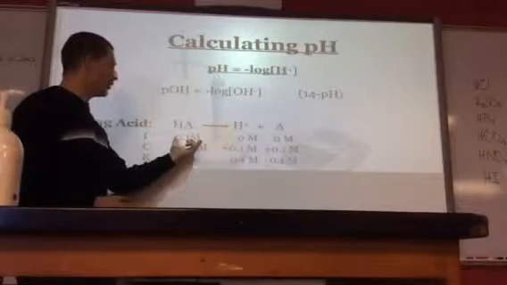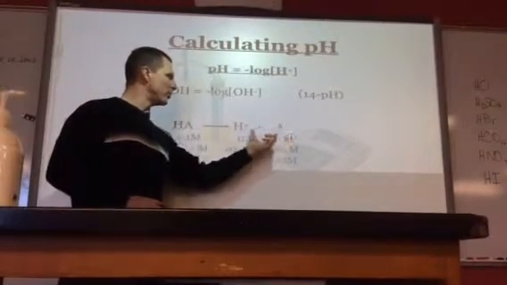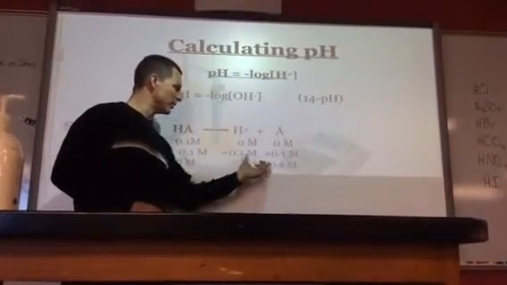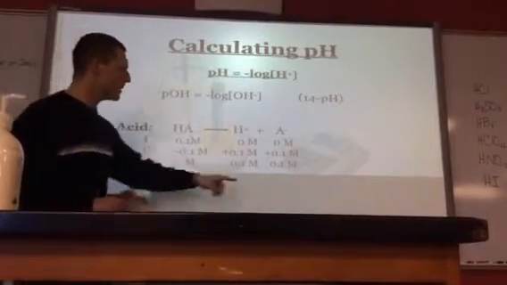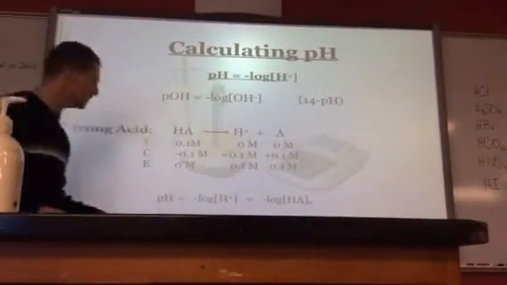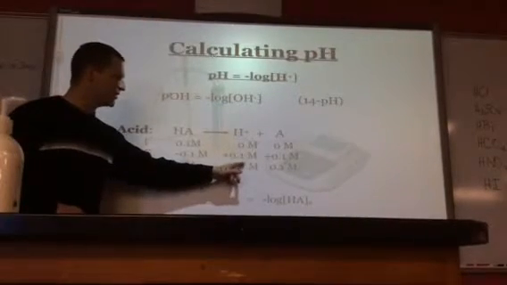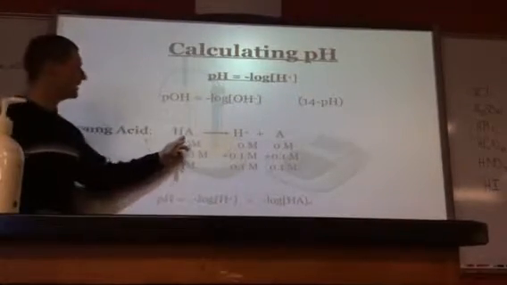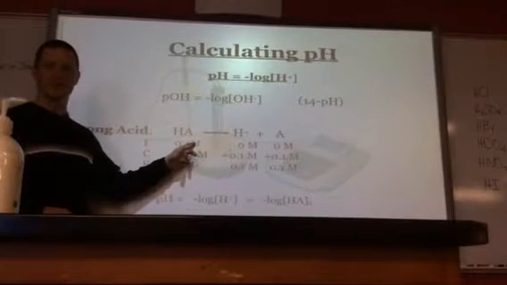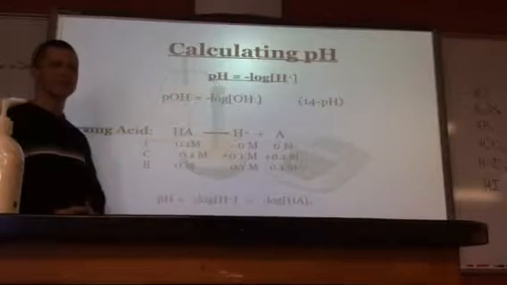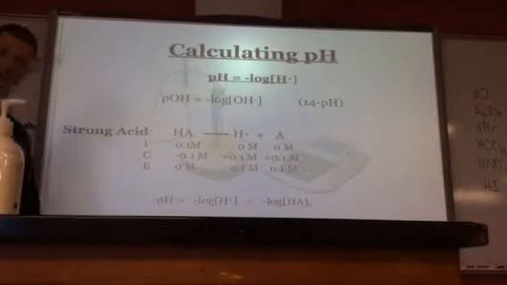And all that 0.1 molarity now has become 0.1 molarity of this and 0.1 molar of that. So for any strong acid, the pH, which is negative log of the hydrogen concentration, is the same thing as whatever the initial concentration of the acid was, because it goes to completion.